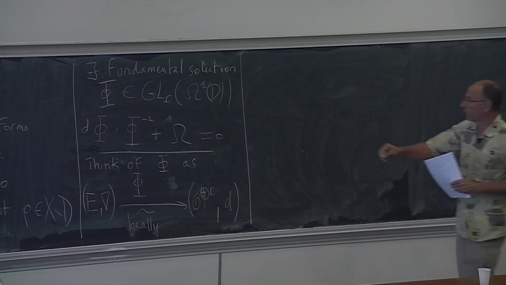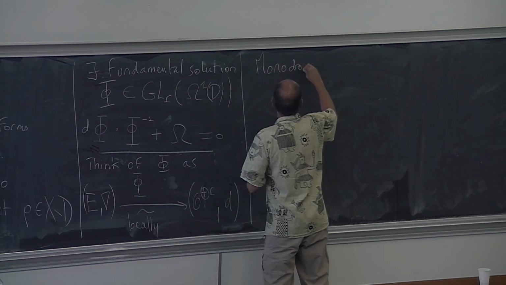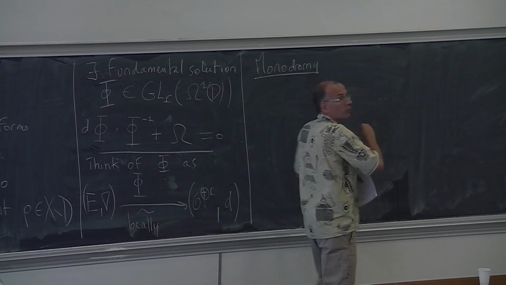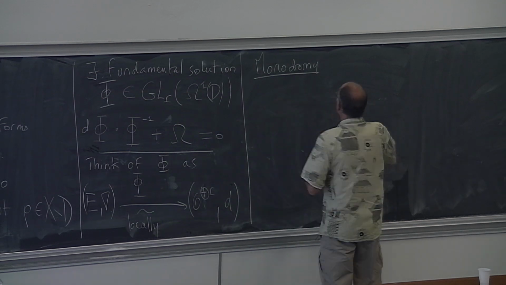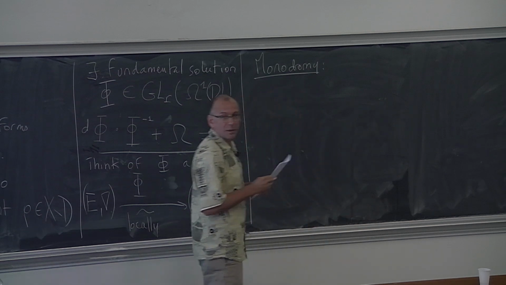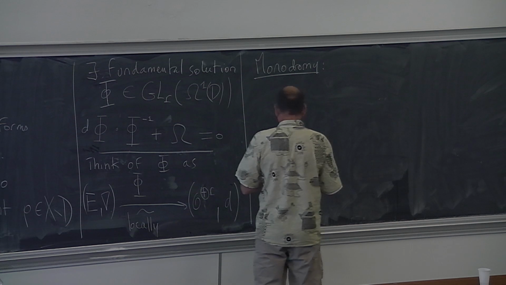Okay, so from this you can define the monodromy. It's good to recall for everybody what we did last week, and also some people were not present last week. So you have a monodromy representation.